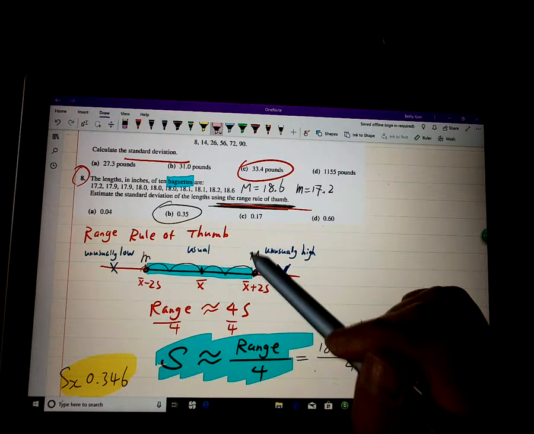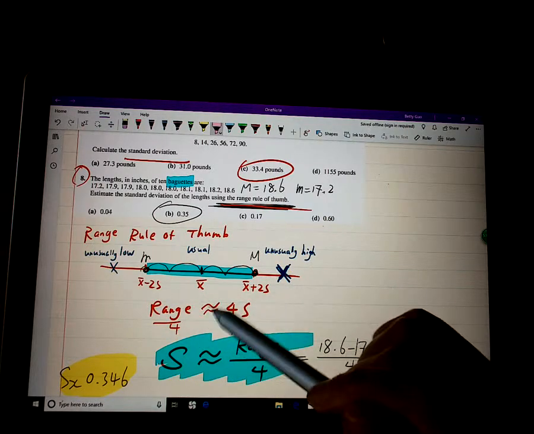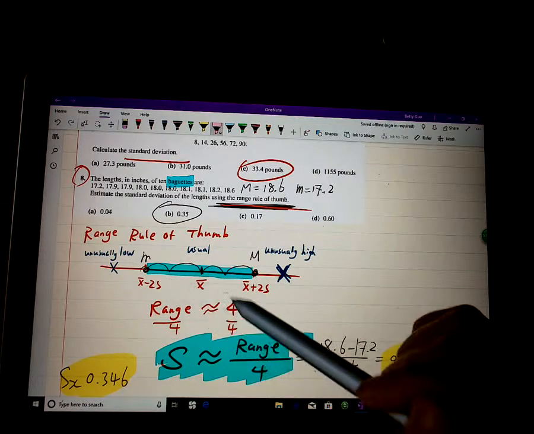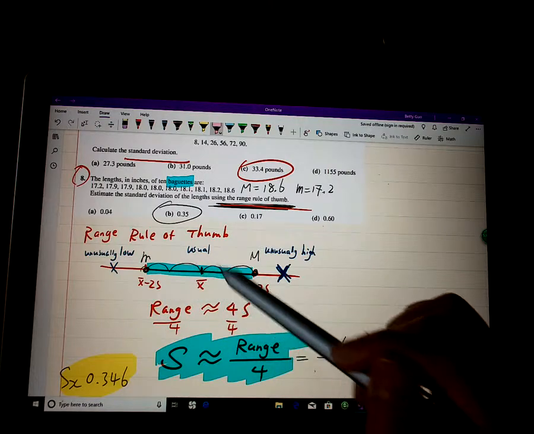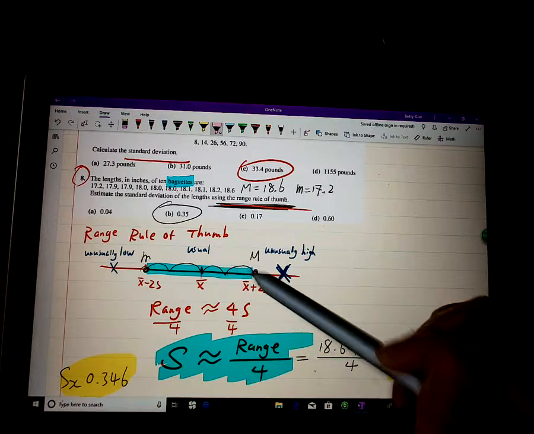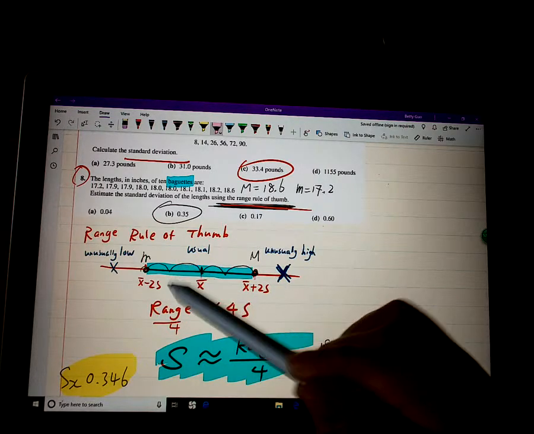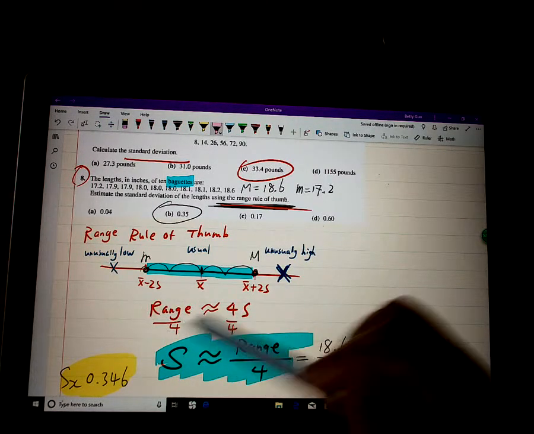Then the range, maximum minus minimum, would be 4 times the standard deviation, right? Because you have 1s, 2s, 1s, 2s, together you have 4s. So you can use 4s to approximate the range.